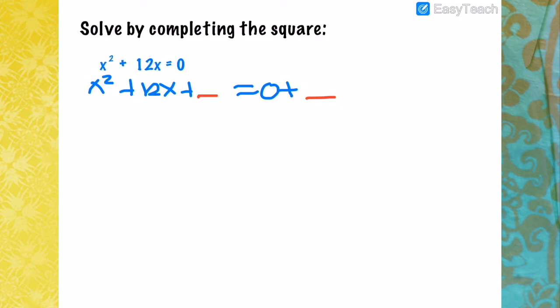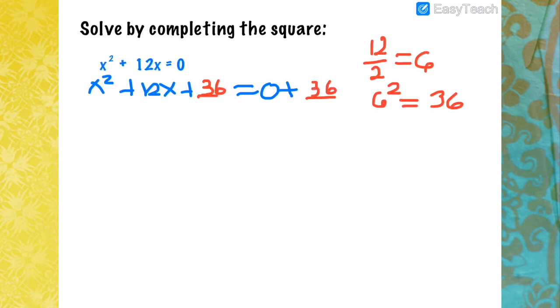The third step is to divide the middle term, which is 12x, by 2. So we have 12 divided by 2, which is 6. Then the next step is to square that answer. So 6 squared will be 36.